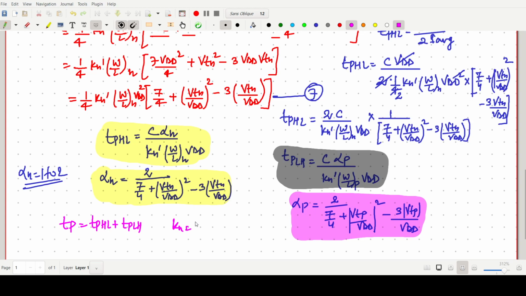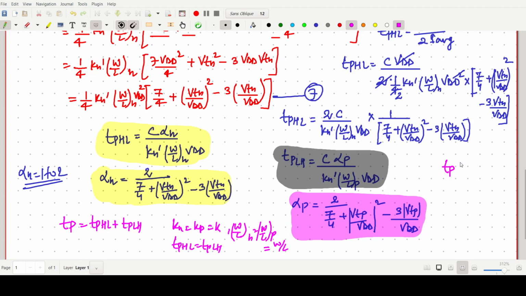If Kn equals Kp equals K, and by keeping W by L of N and W by L of P the same aspect ratio, then we can say tau PHL equals tau PLH. So TP can be equalized by taking the same aspect ratio for NMOS and PMOS with the same transconductance parameter.